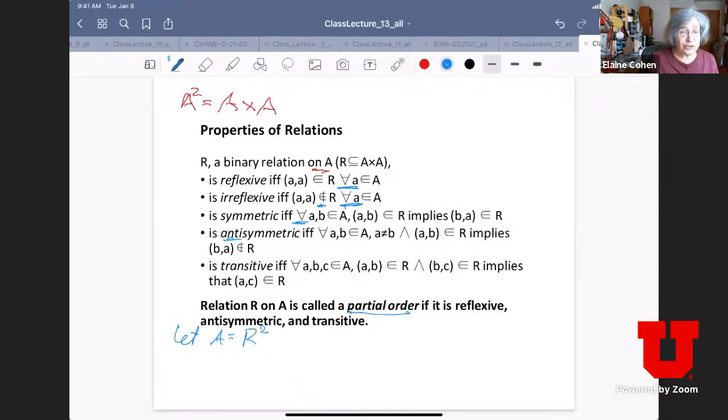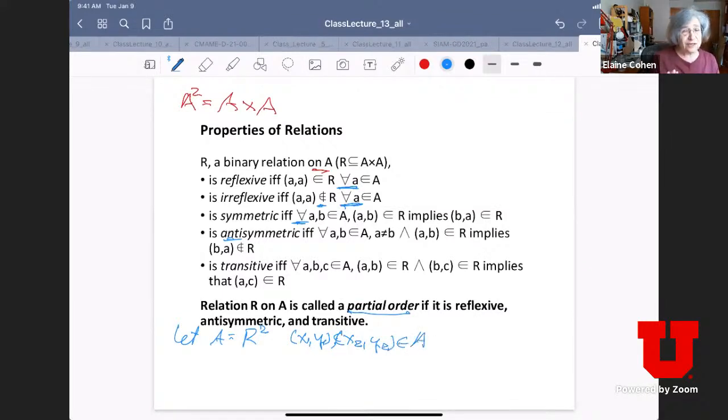So we're going to say, give me a point (x1, y1) and (x2, y2) in A.